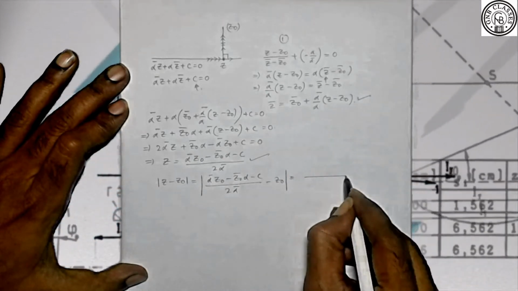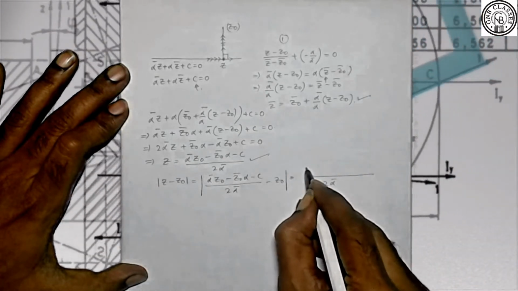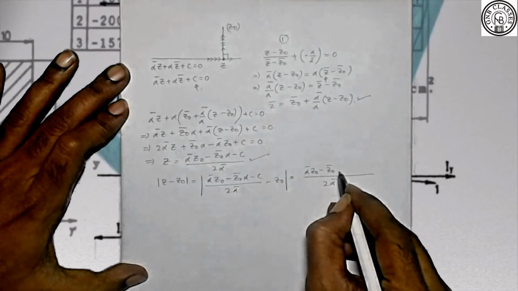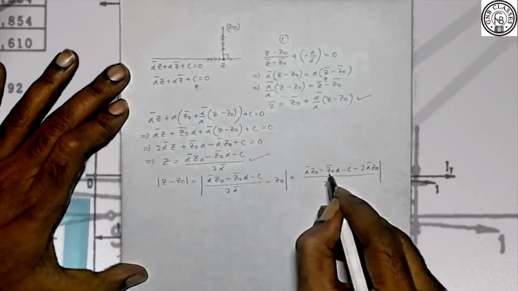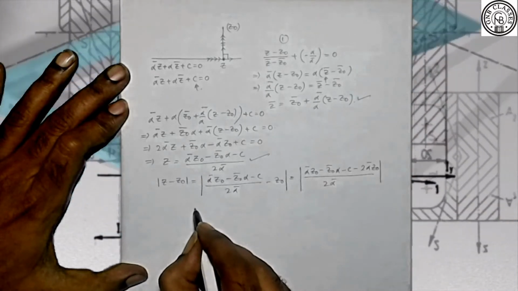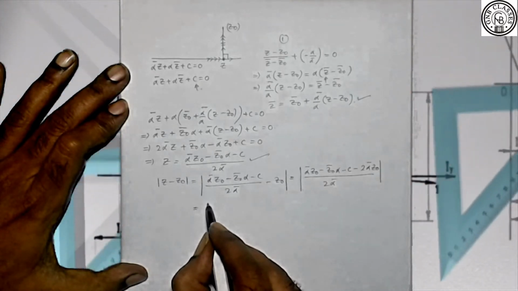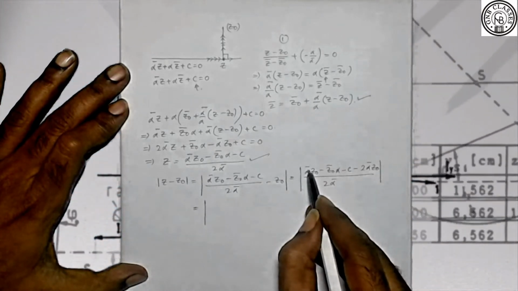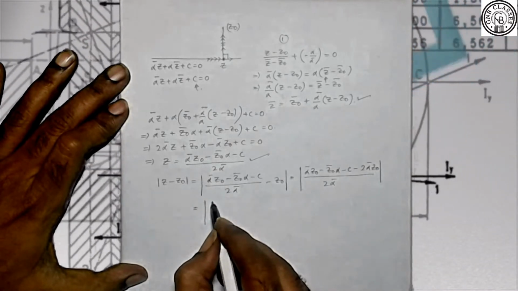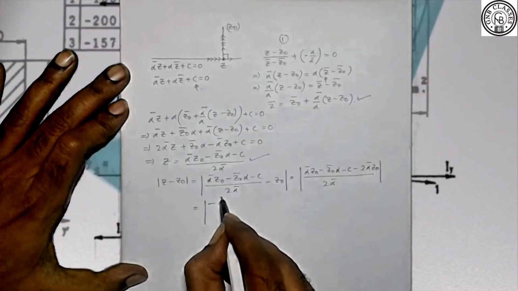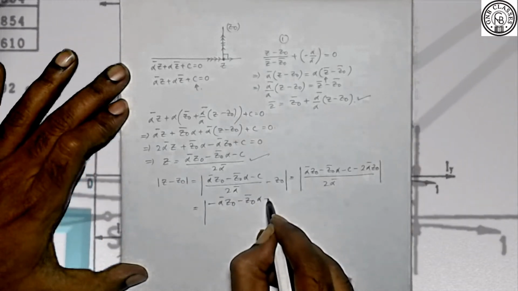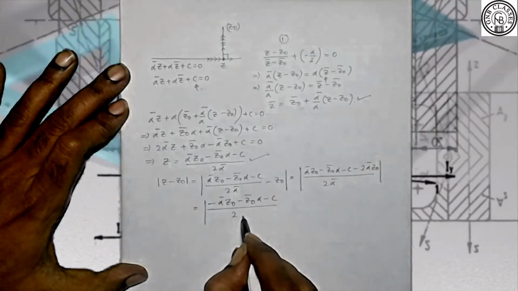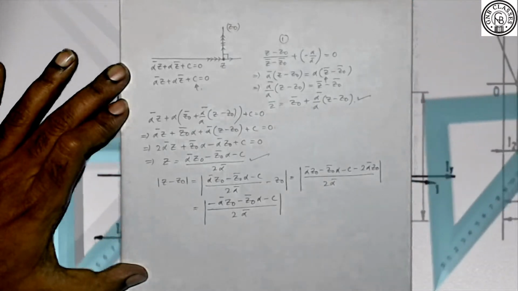So if I take the LCM, with a mod sign, we have alpha bar Z0 minus 2 alpha bar Z0, so that gives you minus alpha bar Z0 minus Z0 bar alpha minus C divided by 2 alpha bar.